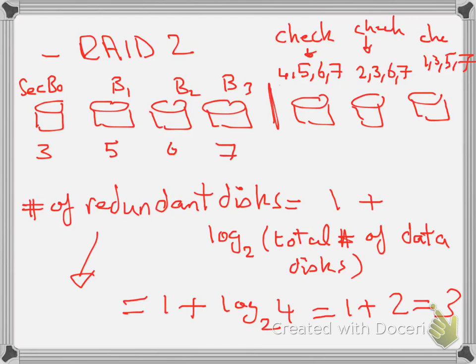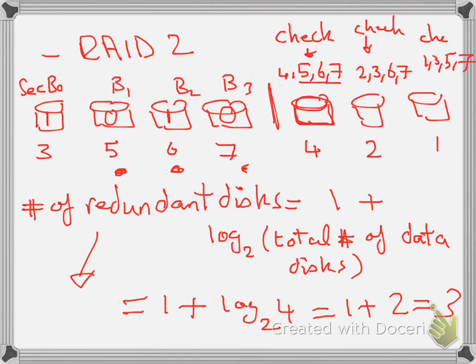Let's see. Assuming right now that I have here 1, here 0, here 1, and here 0. And this disk is called 4, this disk is called 2, and this disk is called 1. I will go to 4, 5, 6, and 7 and see exactly what I need to write in this disk. If I go to 5, 6, and 7, 5 is here, 6 is here, 7 is here: 0, 1, 0. How many ones do I have?